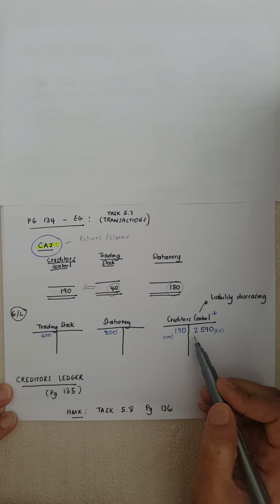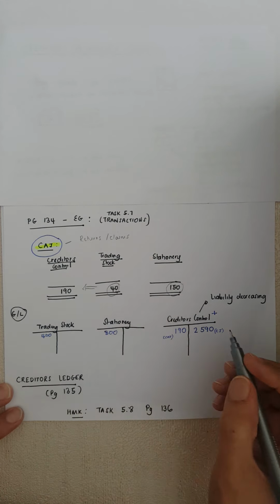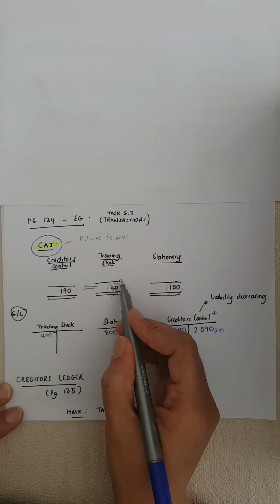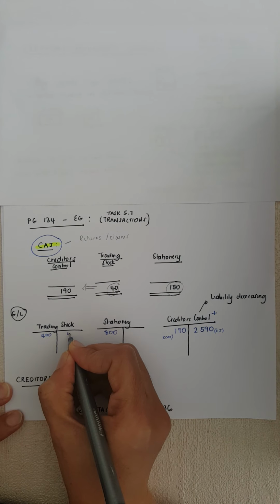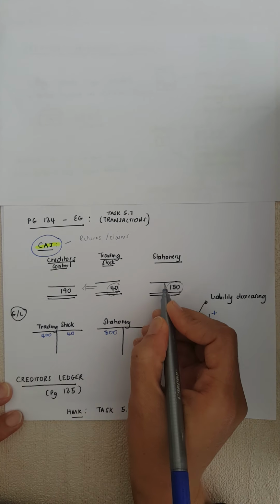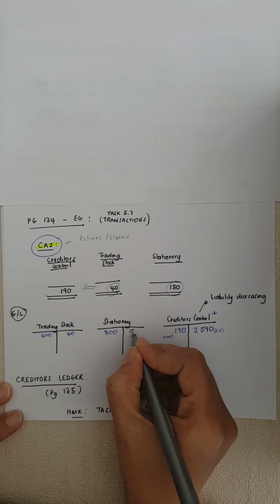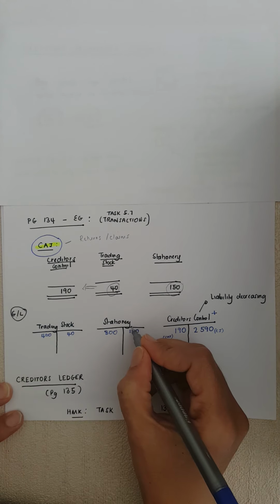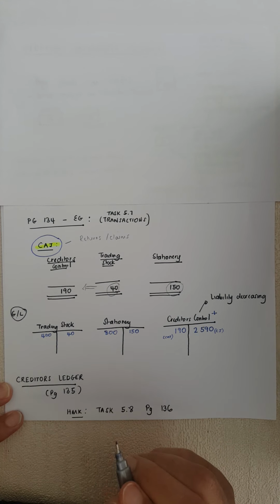And what do we have to credit? We are doing a credit for 40 Rand for the trading stock and a credit for 150 Rand for the stationery.